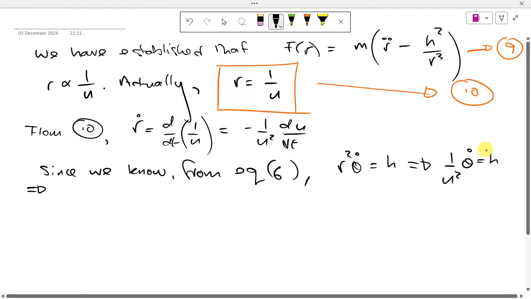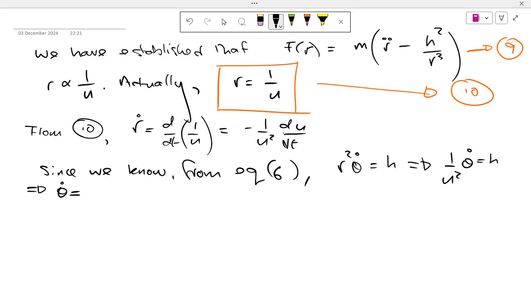So this implies that theta dot is equal to h u squared, right? Theta dot is equal to h u squared.